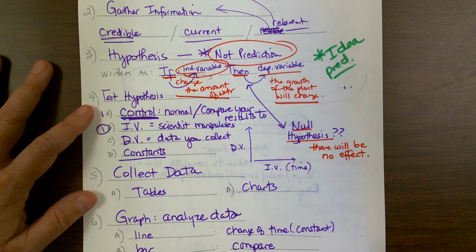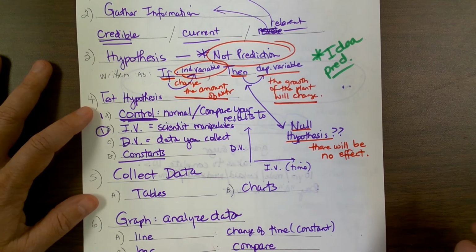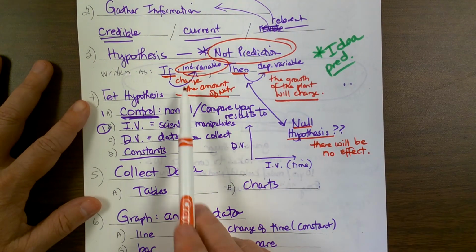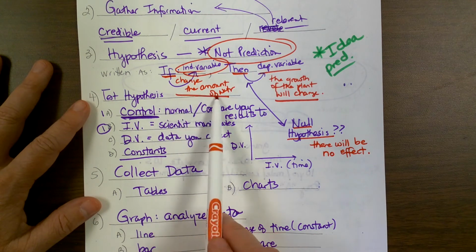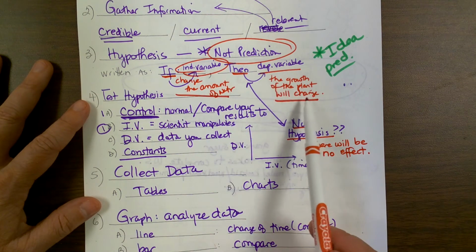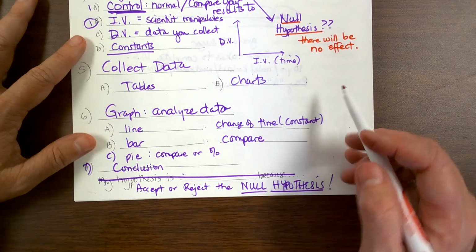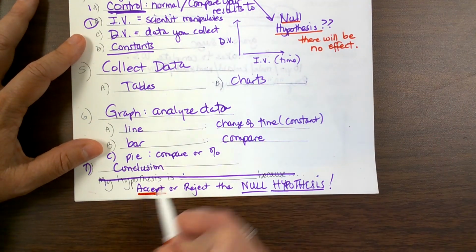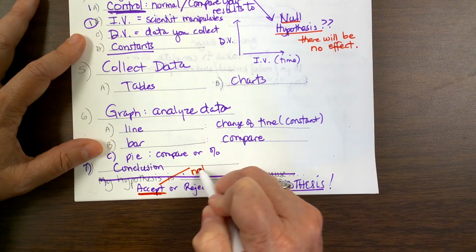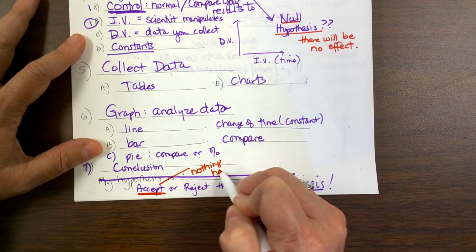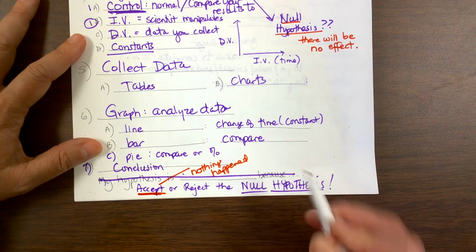No results. Nothing happens. So in this one, your null hypothesis would be if we change the amount of water, then the plant growth will not change. So when you accept your null, accepting the null means nothing happened. Your variable had no effect.